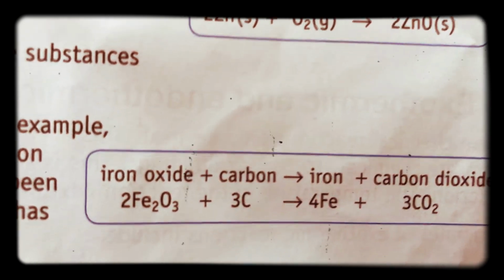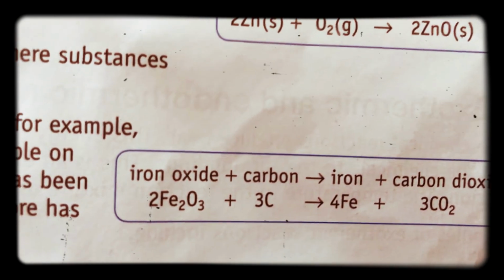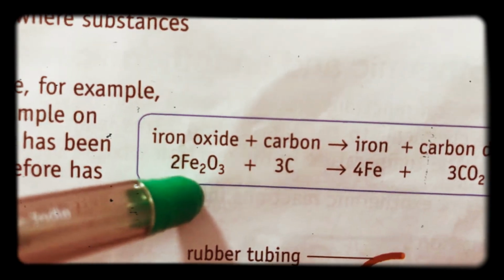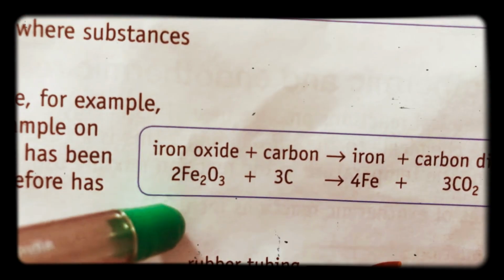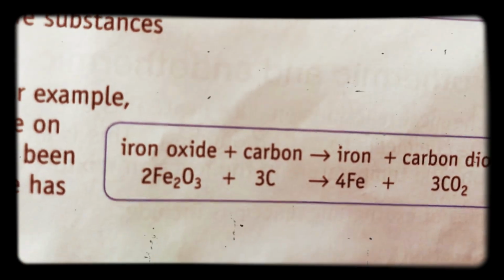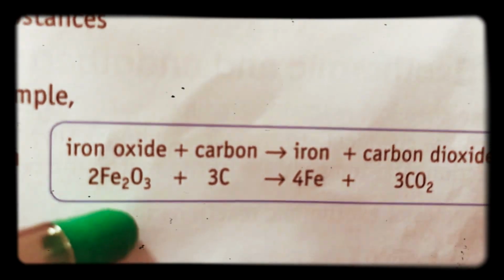So you can see that there are certain cases where you have reduction and oxidation taking place at the same time. This is really, really useful when you have a metal that is bound with oxygen, and you dig that up from the ground, so you quarry it from the ground, and you want to try and extract that metal from that ore.